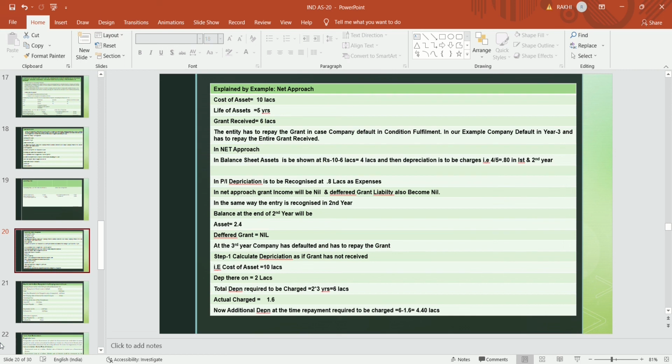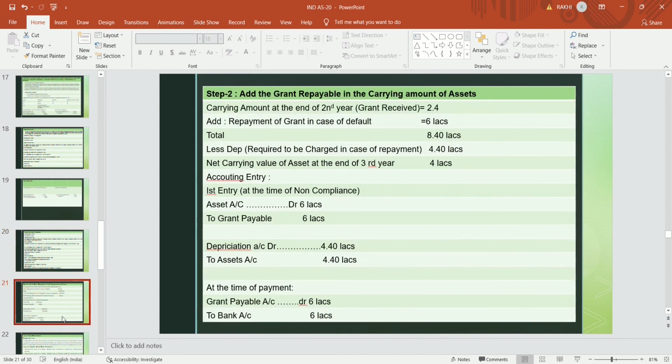And the cost of the asset in year 3 will be 10 lakhs. The carrying amount of the asset at the end of year 3 is 2.4. And we will add the repayment of grant in case of default, that is the grant repaid.